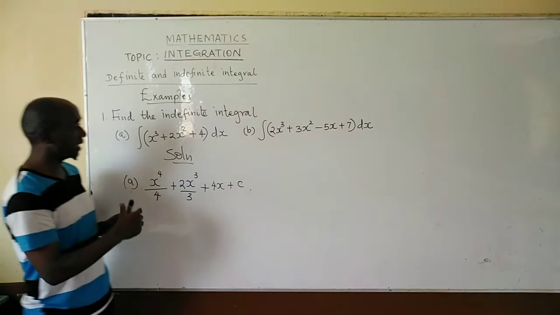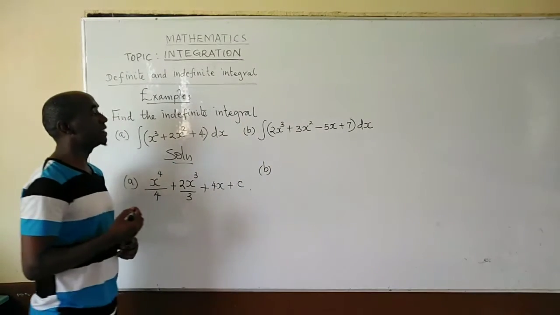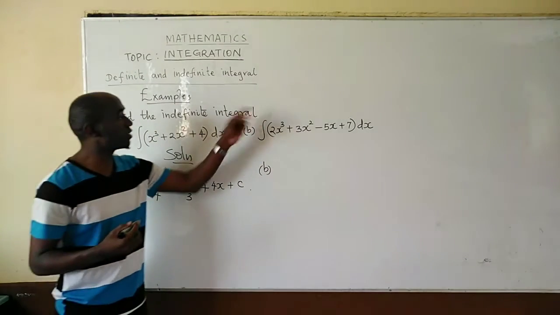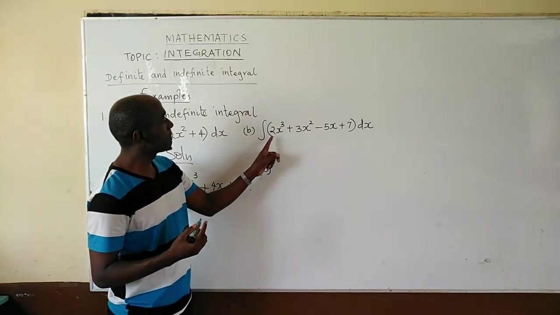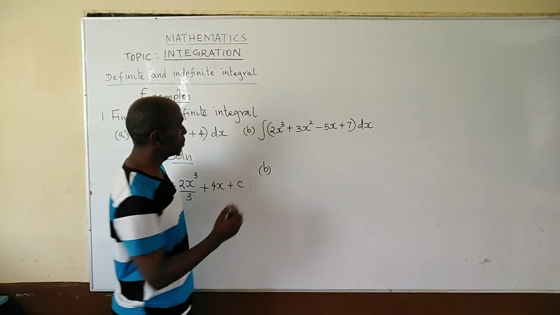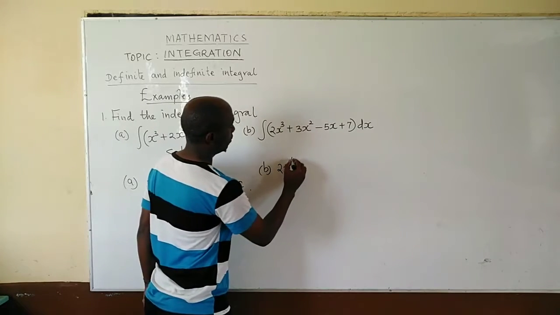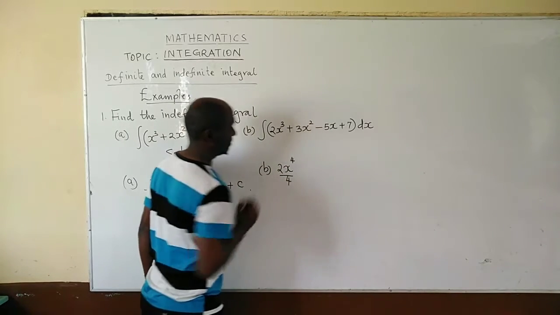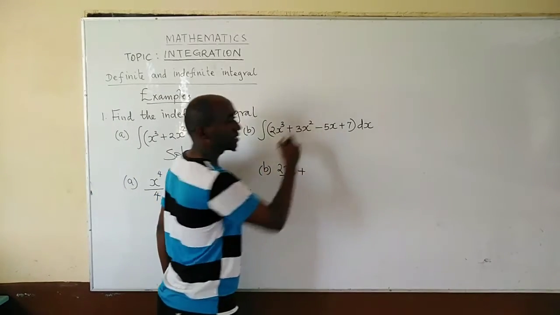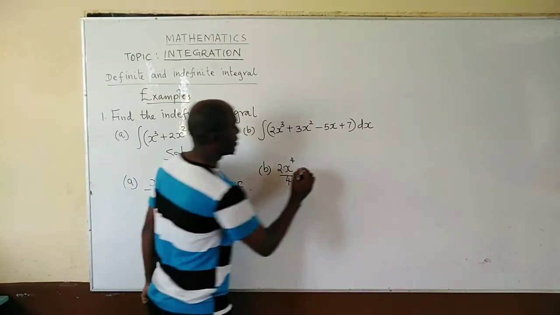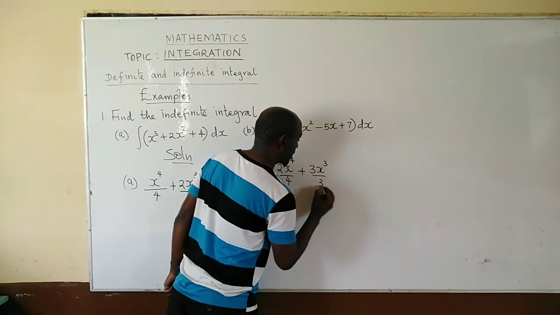Let's look at the second one. B. We find the indefinite integral. Here again, you can see there are no limits. So we just integrate. Let us integrate 2x cubed. If you integrate 2x cubed, you will get 2x raised to power 4 over 4, plus, integrate 3x squared, you will get 3x raised to power 3 over 3.